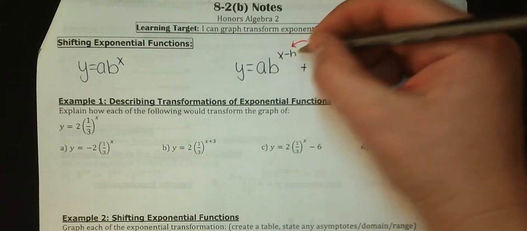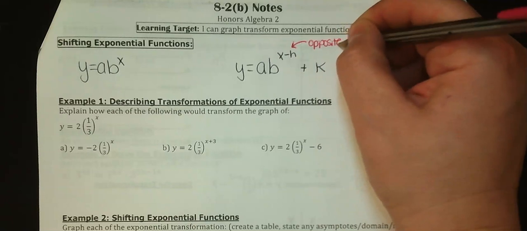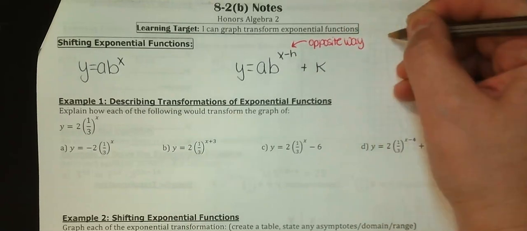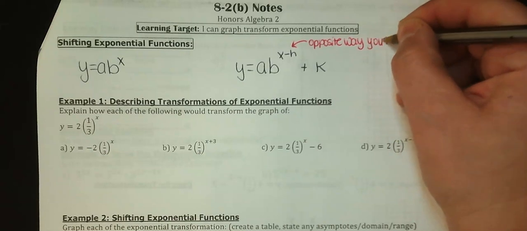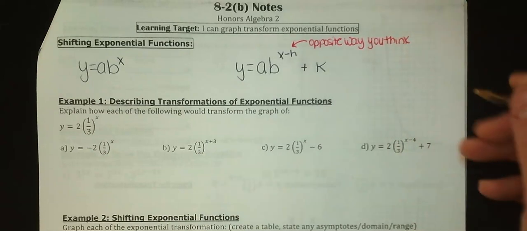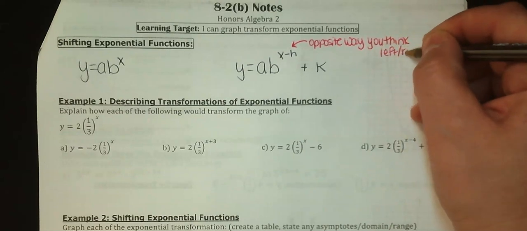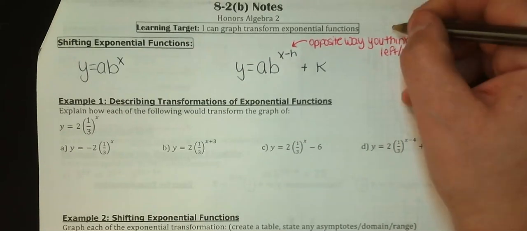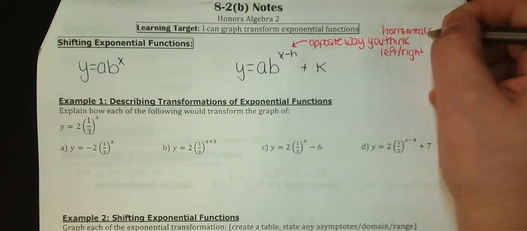With the x, it's going to go the opposite way you think. So if it looks like a minus 5, it actually goes to the right 5. Opposite way you think, and that is going to be shifting the graph left or right. That is called a horizontal shift.